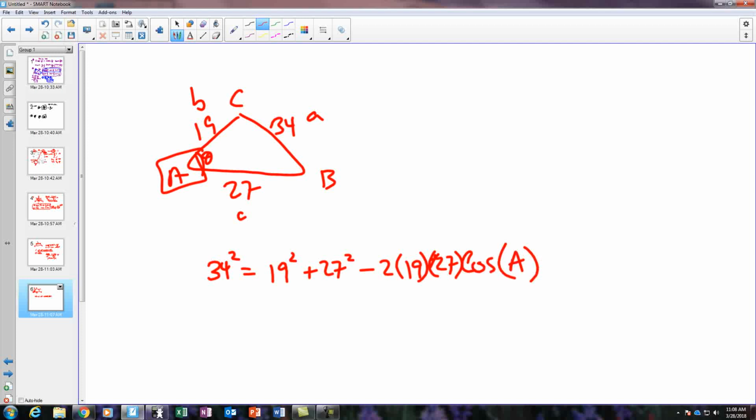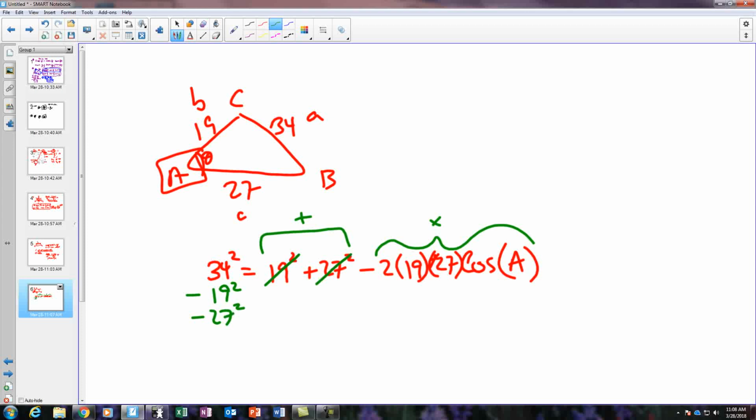The key here, guys, is to realize that all of this stuff is stuck together as a big multiplication problem. This stuff here is plus, or it's an addition problem. There's a distinction between them, okay? And so if I wanted to move the 19 squared and the 27 squared, I could do those by subtraction right away. And that's what I will do every time.